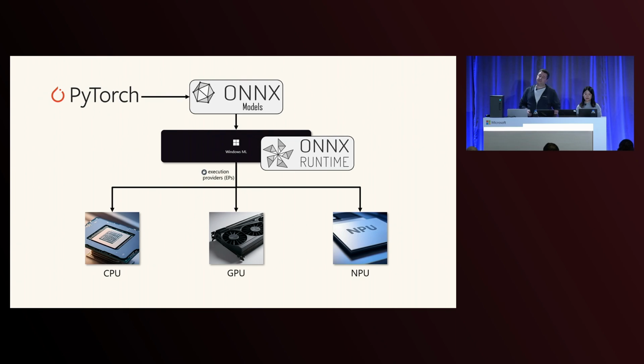Windows ML talks to silicon via execution providers. Execution providers are kind of like a translation layer between the runtime and the variety of silicon that the runtime sees on the device. We have taken the execution providers that we ourselves have developed for the various experiences we've shipped in Windows, like Click to Do. We've refreshed them, working in partnership with our hardware partners. We've added new dedicated GPU execution providers to target the wide range of GPU hardware.